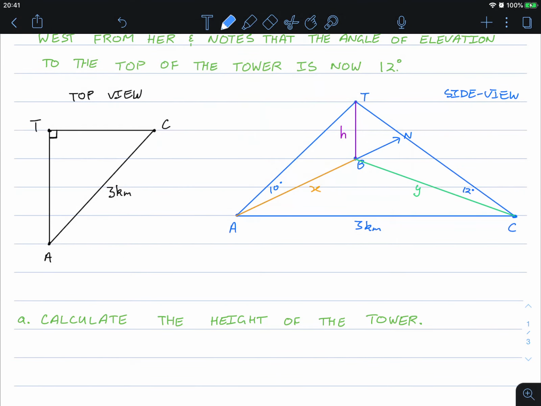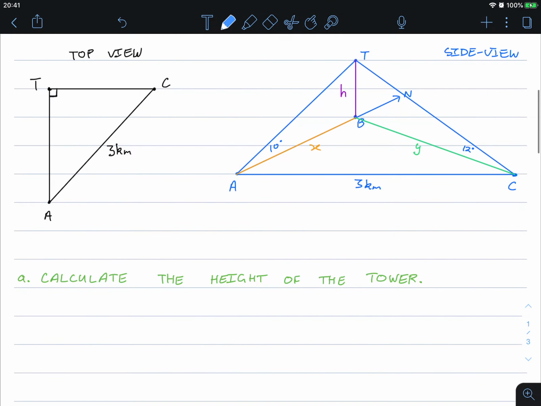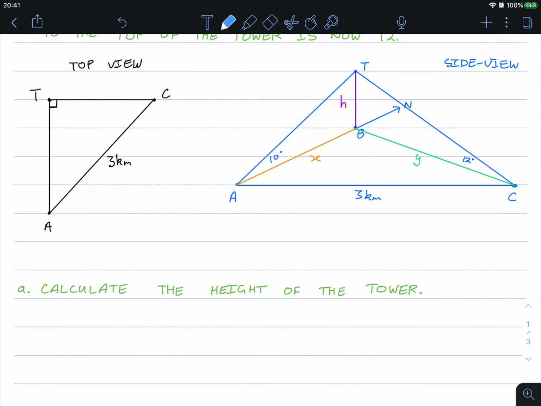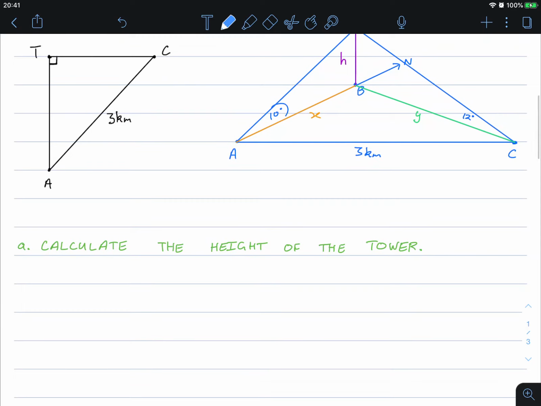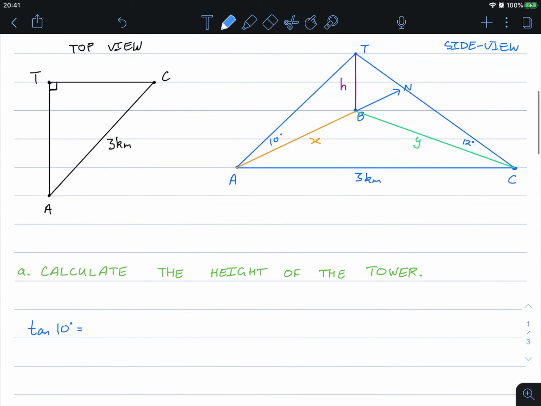So here we go, let's calculate the height of the tower. From this point, if we're unsure exactly what to do, what we actually do is just make any expression that we can for H. Okay, so let's do it for this angle. Tan 10 degrees is equal to opposite over adjacent, sorry, not opposite over hypotenuse.